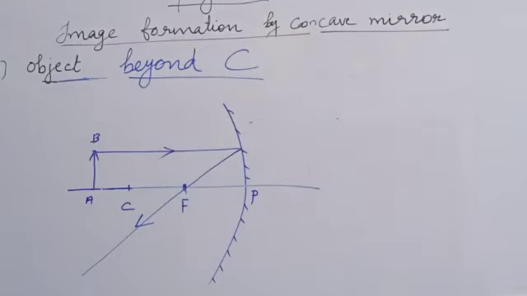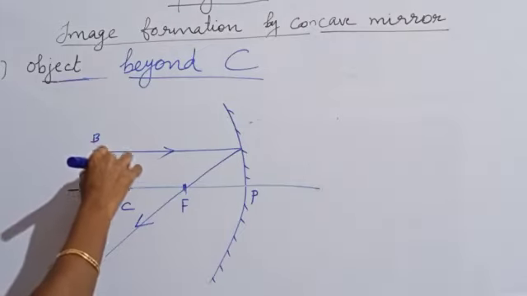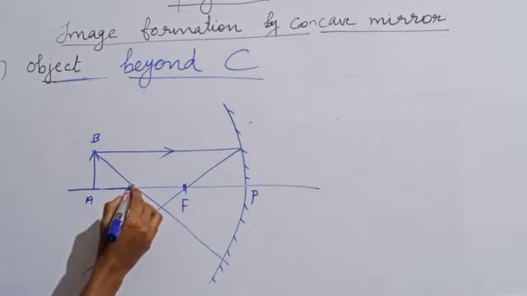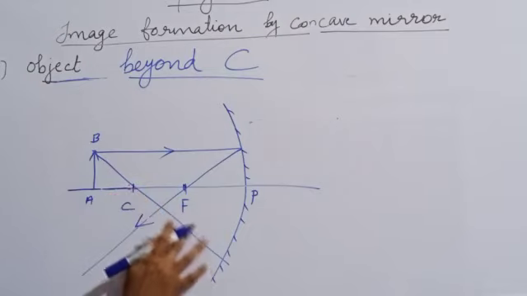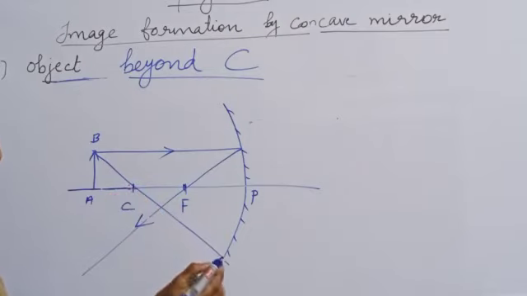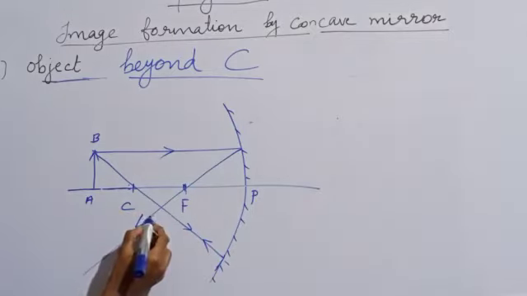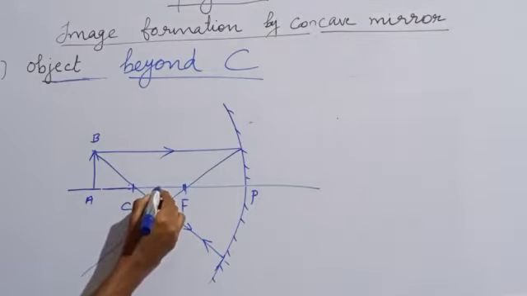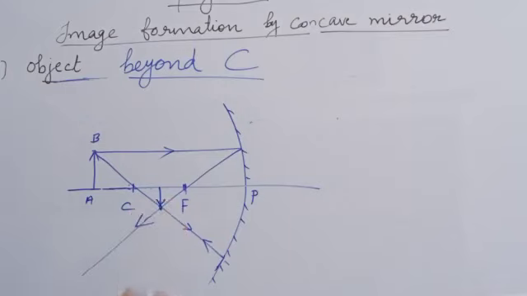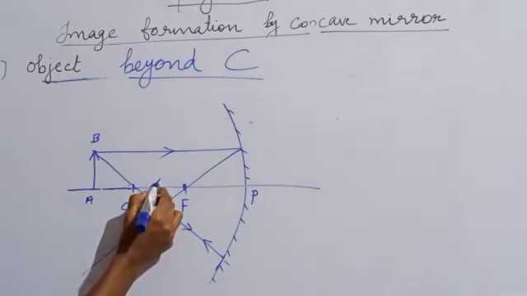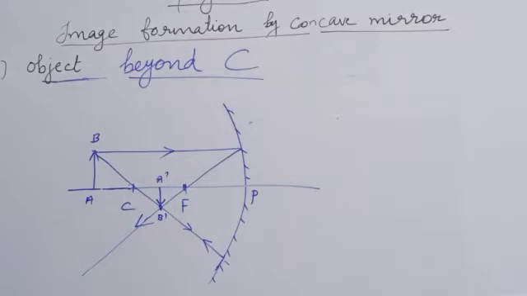Now the second ray passes through the center of curvature. After reflection it will reflect back along the same path. So they will meet at a point here. This is the point where the image is formed. Here we can mark it as A dash and B dash.